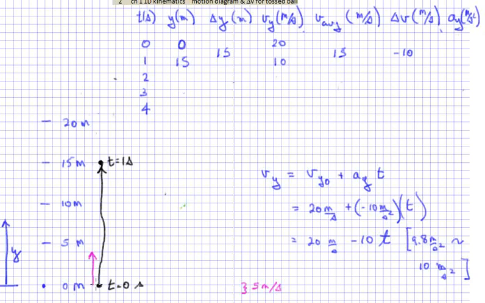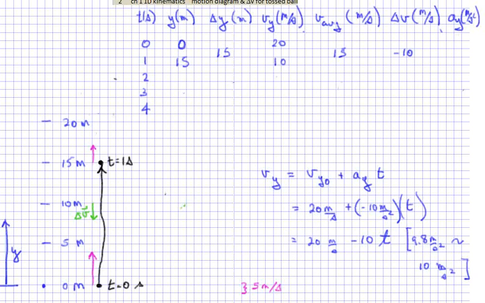I start with 20 meters per second, and 1 second later I have 10 meters per second. I'm also going to document the fact that my delta V during this time interval is minus 10. So that would correspond to a downward vector like this.